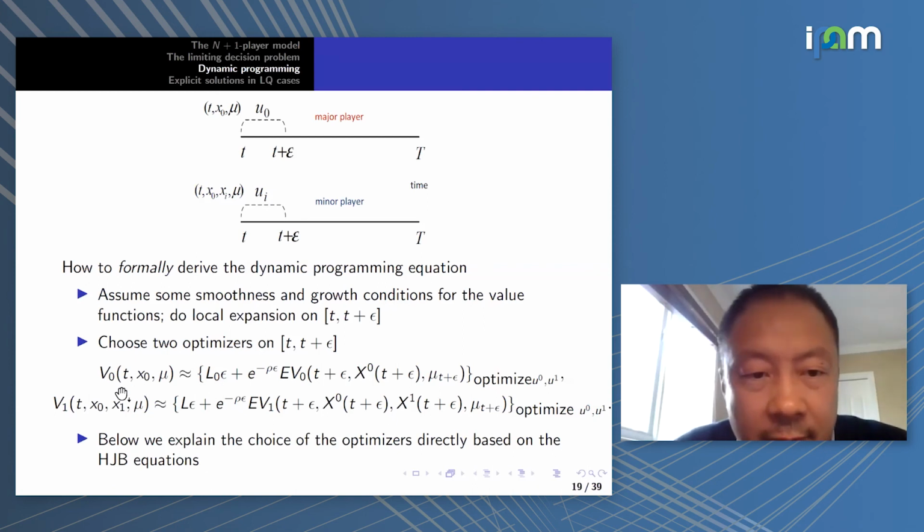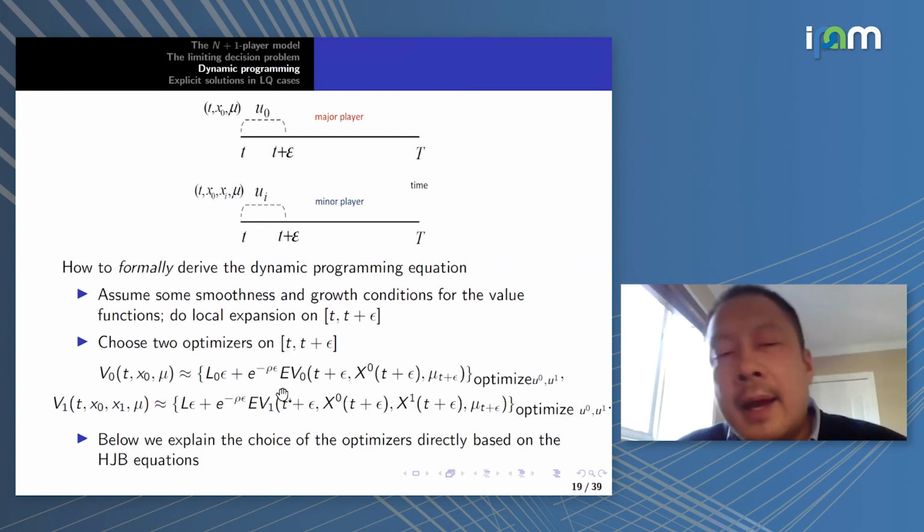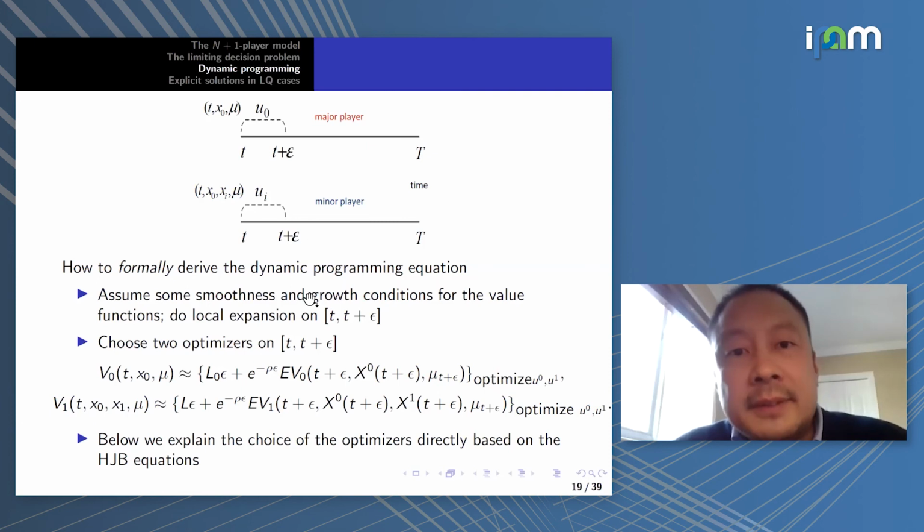First we write the value function in the additive form. This is the running cost with time window epsilon. Then this is the future value function with a little bit of discount here. Then just do Taylor expansion. So formally we can derive the dynamic programming equation.